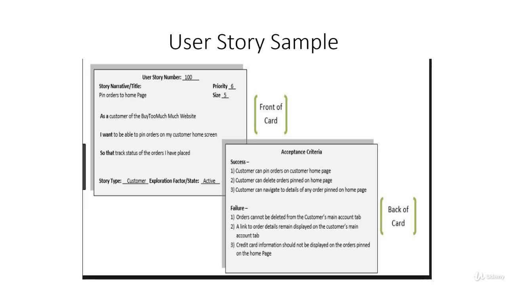And again, on the back, you would have acceptance criteria as well as some failures. And the test analyst or the tester would take this user story to assist them with coming up with test scenarios and test cases, as I mentioned earlier.